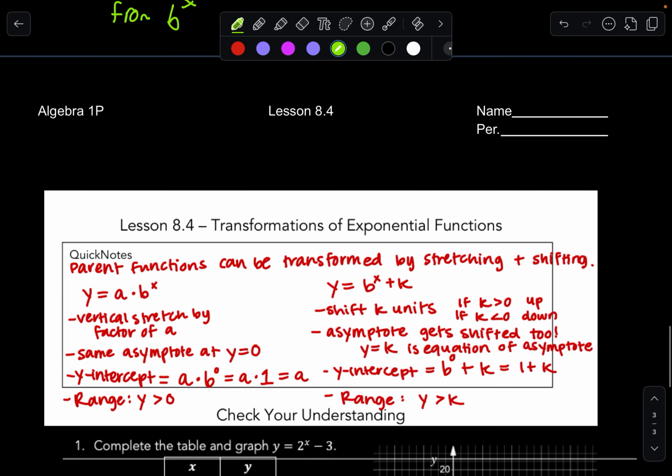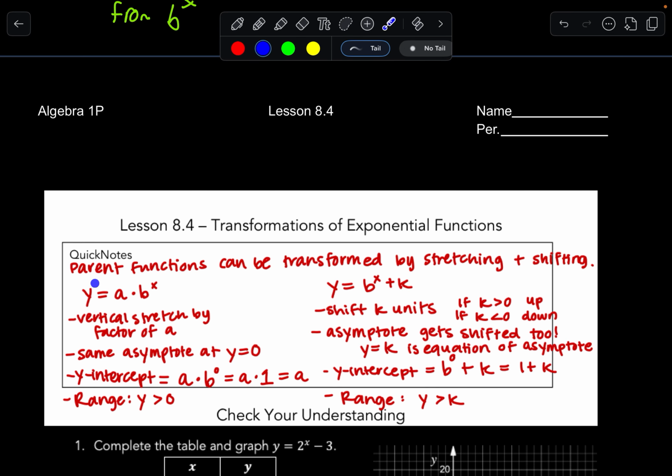Lastly, here are the transformations of exponential functions. Quick notes. Parent functions can be transformed by stretching and shifting. A stretch is when you multiply the exponential by a number, right here. The number is a. It's a vertical stretch by a factor of a.